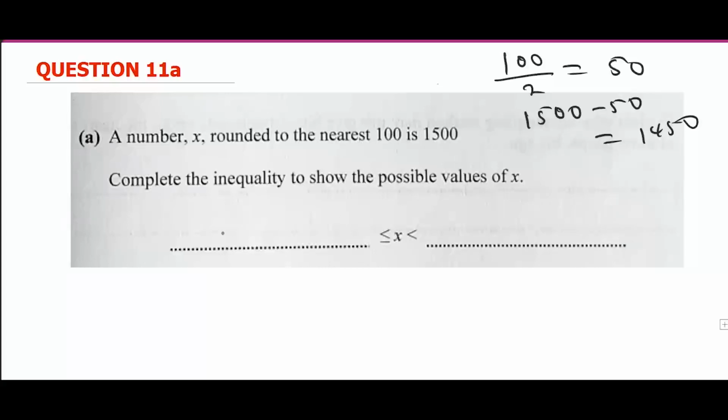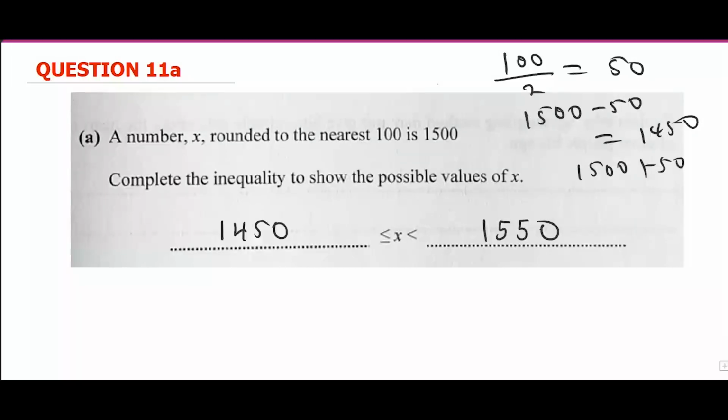So that means you're going to have 1450 here, and to get the upper bound here, you are going to add 50 to 1500, and that will be 1550. So that will be the inequality for the value of x.